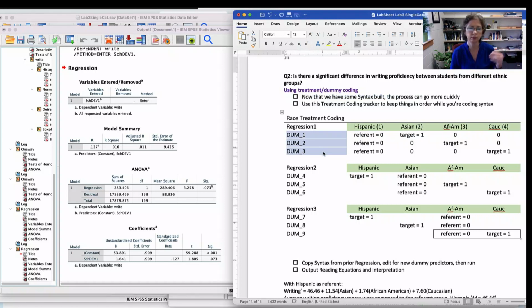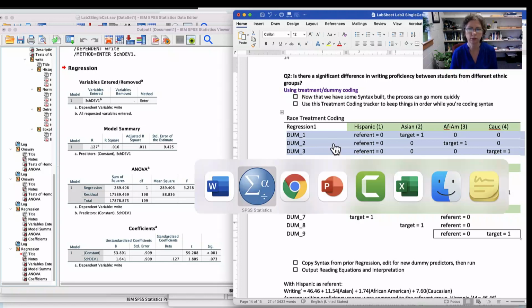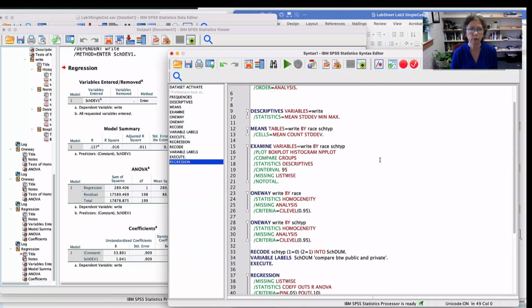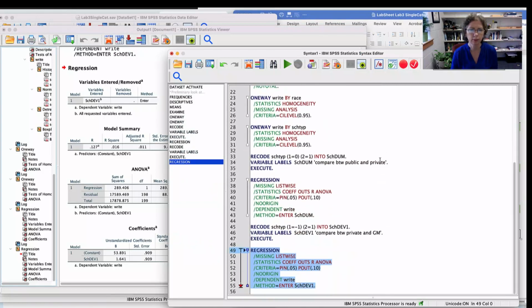Where like R, we would just apply the treatment coding or the contrast coding. In SPSS, we have to create these dummy variables. So we shall take a look at the syntax. What we want, let's grab one of these recodes right here.